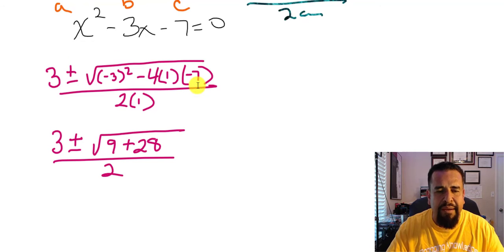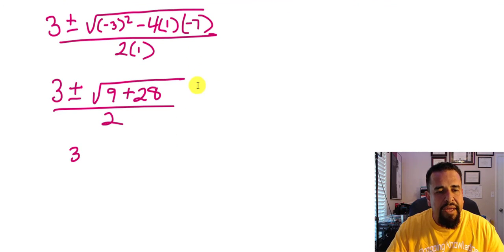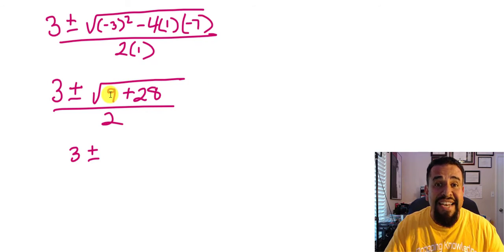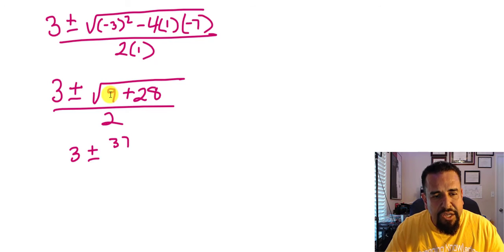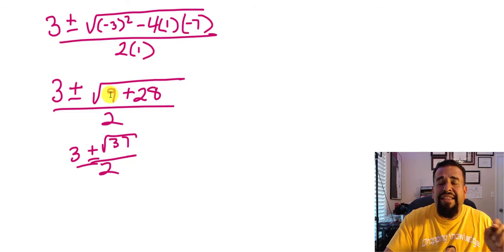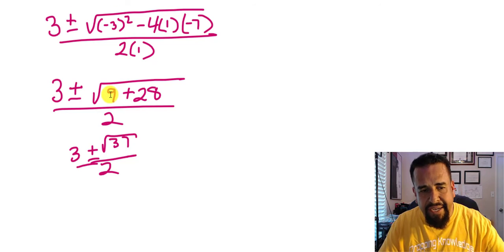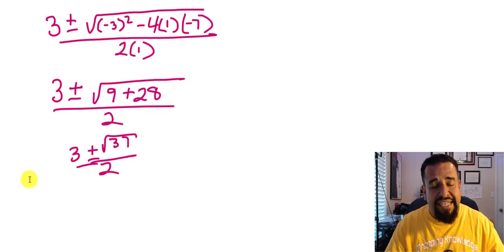And all of that gets divided by 2. Now, 28 plus 9 is 37. So I have 3 plus or minus the square root of 37, divided by 2. At this point, I'm actually done. I have what is called the exact answer.